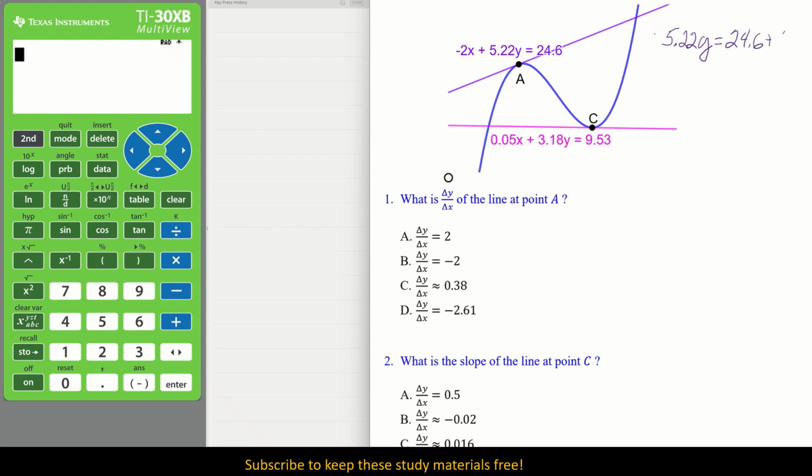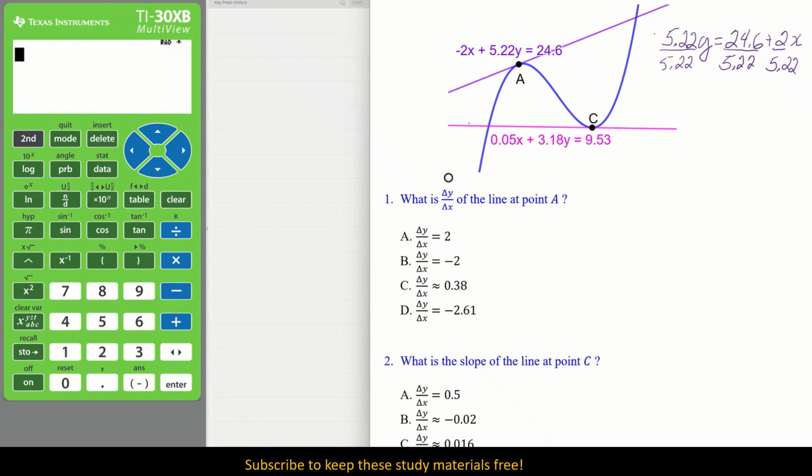Okay, this will be plus 2x. Okay, now when you go through the process to divide everything by the coefficient of 5.22, we have to do it to each term. Okay, when you do that, you actually get what we need for our slope.